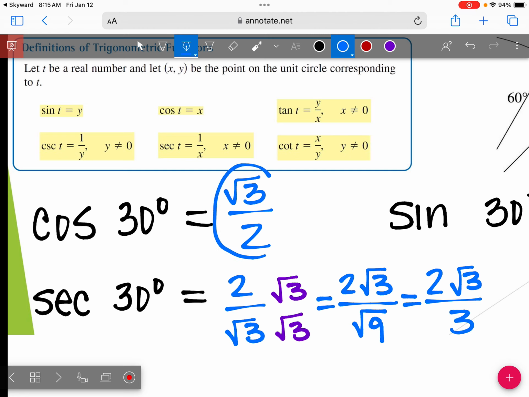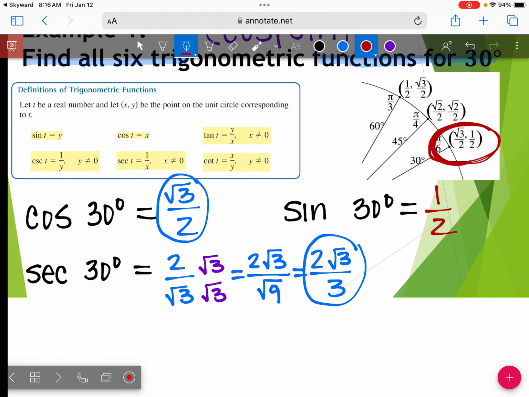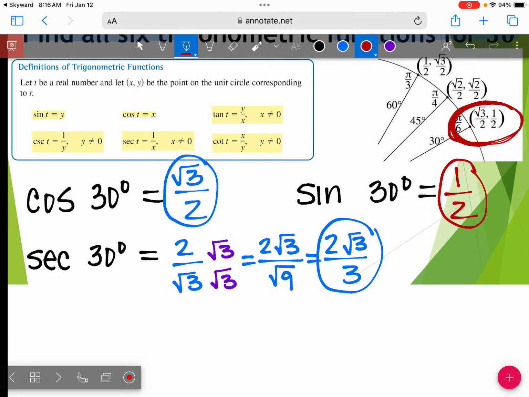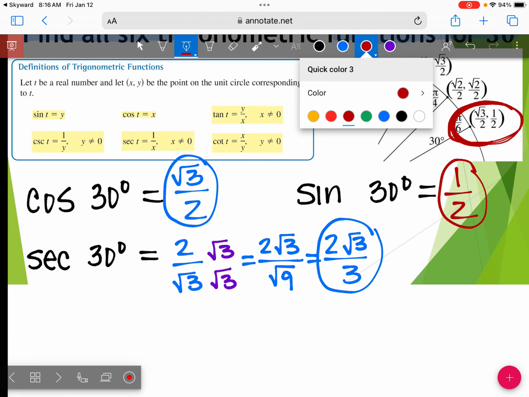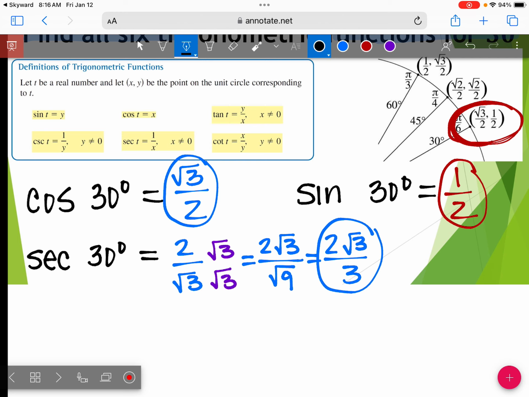So this is my secant. It's pretty easy to find cosecant because I'm flipping sine. So cosecant of 30, you're going to flip the sine, which would be 2 over 1, or just a 2.